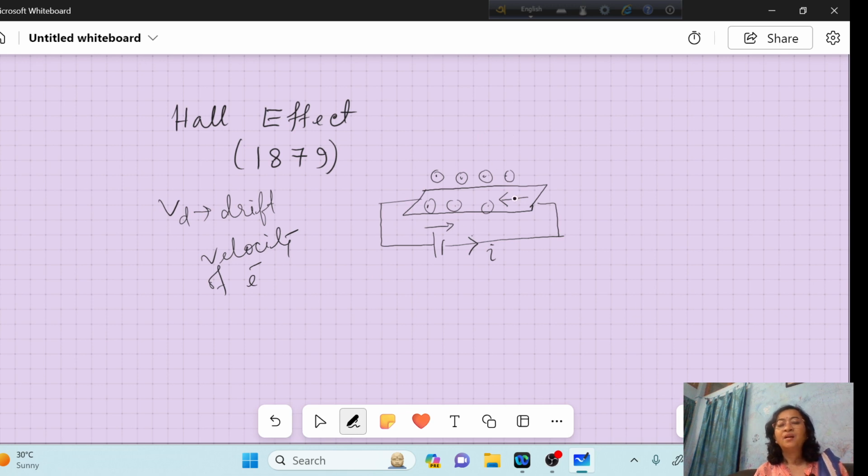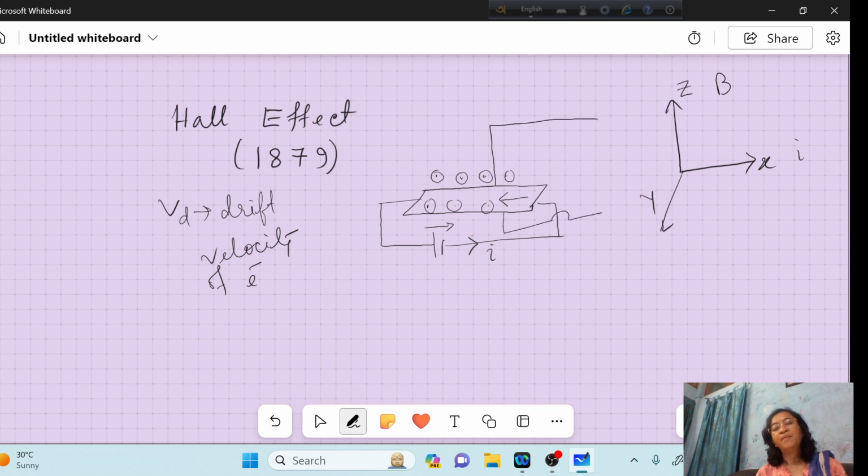So if we draw it like this, say the current is along the x axis and the magnetic field along the z axis. So we have a current carrying conductor or semiconductor, and we apply a magnetic field in a direction perpendicular to the direction of current. Then it is observed that there is a voltage.